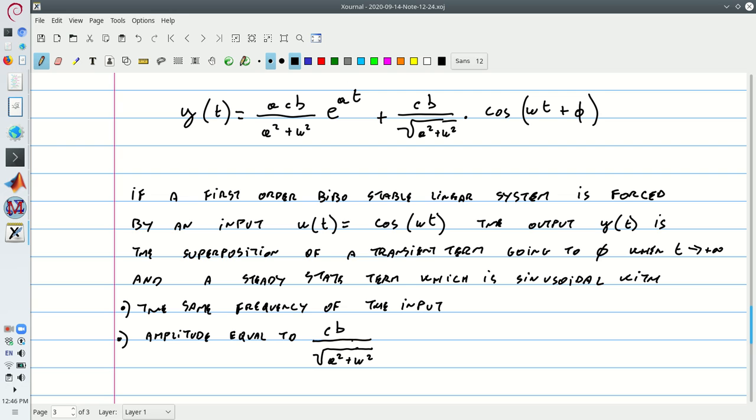We see this, and now we have a complete quantitative characterization of this behavior. The amplitude is going to be C times B divided by the square root of a square plus omega square. You make this omega bigger and you're going to see a smaller amplitude.